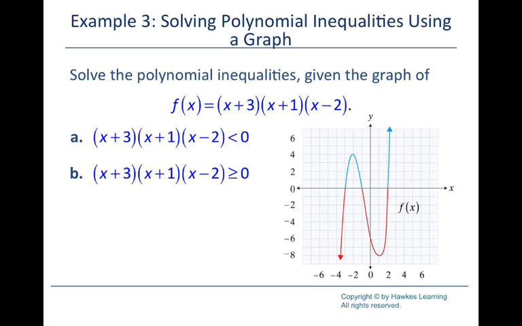B is greater than or equal to 0. Notice our x-intercepts for both these are the same, since it's the same equation. So our x-intercepts are at -3, -1, and 2.